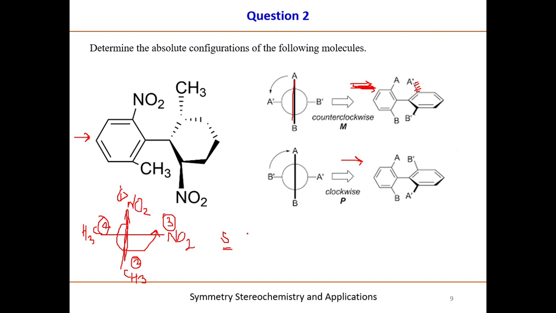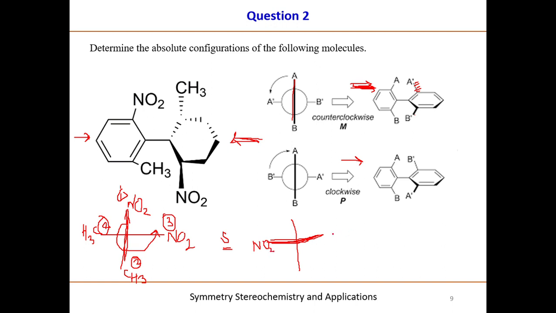Okay. The second way, we can imagine the molecule from this direction. So here you can write this way also, like the horizontal line we are writing as solid, and this is the vertical line. So on the horizontal line, if you are looking from this side, this nitro group is on the left side, right? We have to imagine in 3D, then only you can write the absolute configuration.